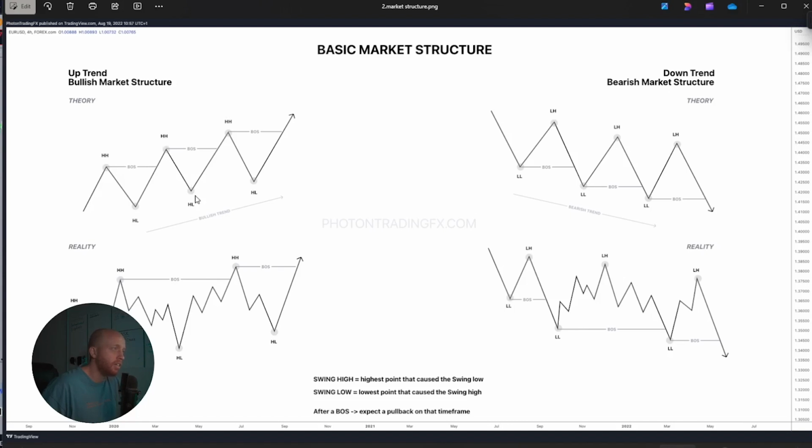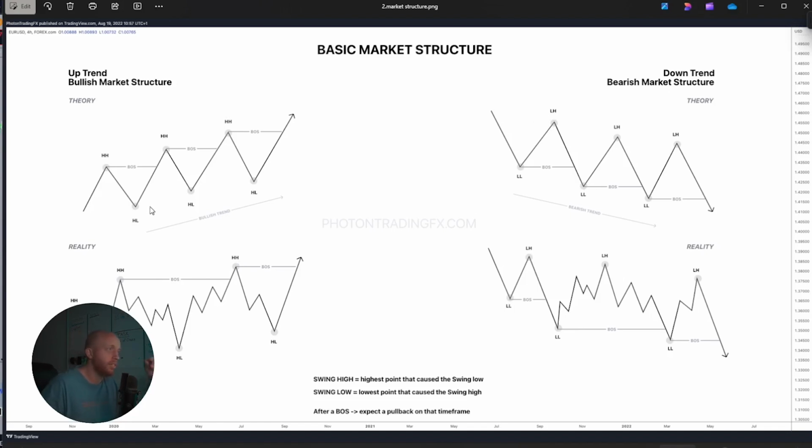And then a higher low. We don't want to go past our previous higher low, okay? We want to continue this: up, pullback, higher high, higher low, higher high, and that's a break of structure. And the opposite for bearish: you're going to have a lower low, lower high, lower low, lower high, lower low, lower high, and you're breaking those structures every time.